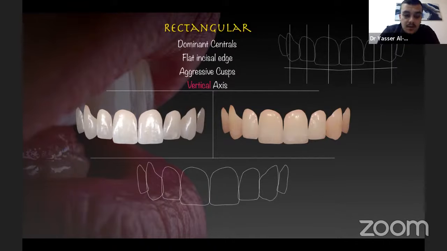In the rectangular shape, the centrals are dominant, and the incisal edges of the incisors and the laterals are flat, not rounded, with aggressive cusps of the canine and premolars, and the axis is vertical or straight for all teeth.